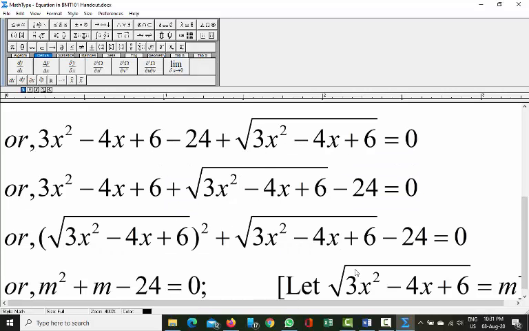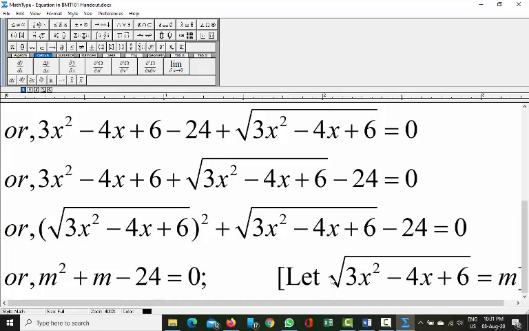Right. So now, as I said, let us assume this one as m. If you assume this one as m, then we have m square from this one, and then plus m, this one is m, so plus m minus 24 is equal to 0.